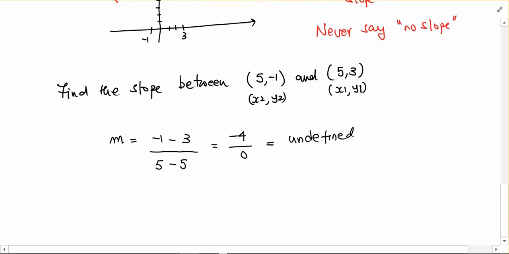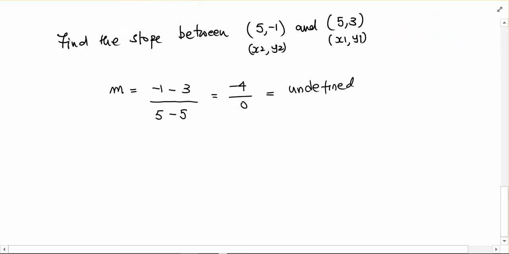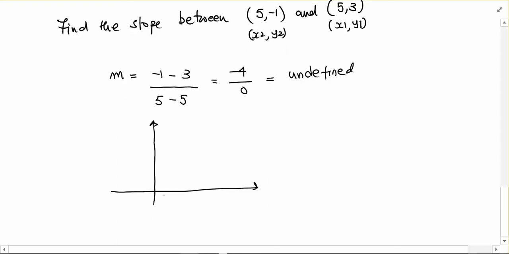Undefined. So what kind of situation would give us a slope that's undefined? Well, let's take a look at a picture. So this one, the first dot is 5, negative 1. 1, 2, 3, 4, 5. So 5, negative 1, that's like there. And the second point is 5, 3. 1, 2, 3. It's like there.